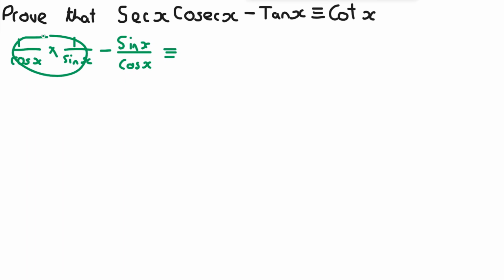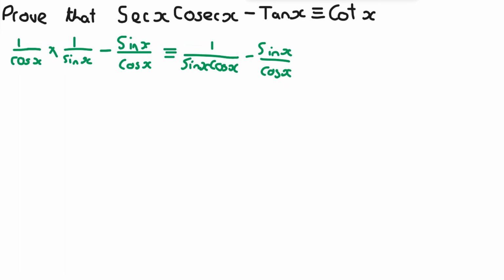Okay, well, we can simplify this here. This is going to become 1 over sin x cos of x, multiplying the denominators together, minus sin x over cos of x.